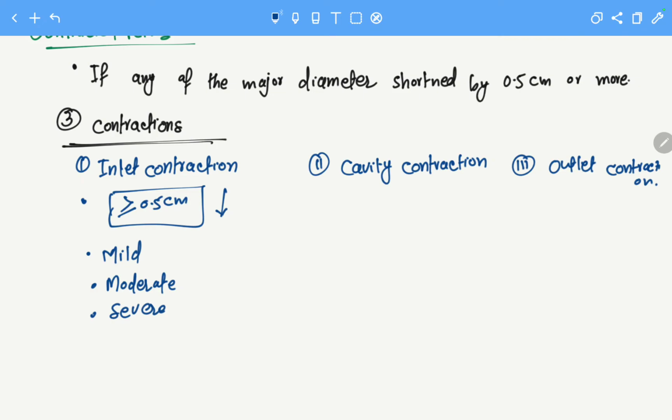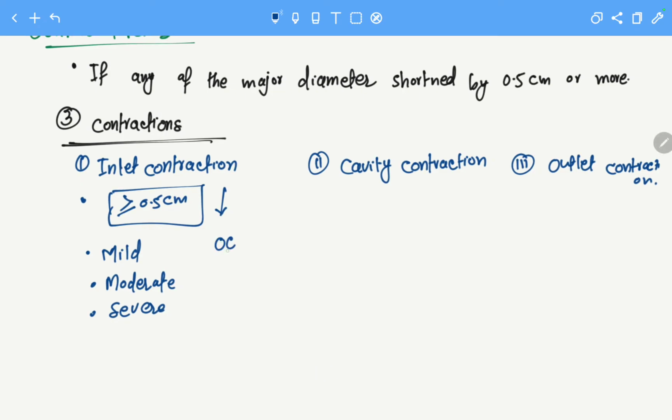To remember this mild, moderate and severe, we have one obstructive conjugate. What is it?